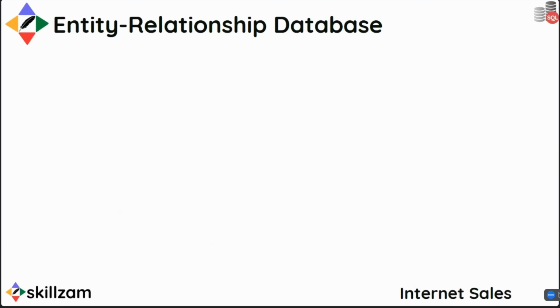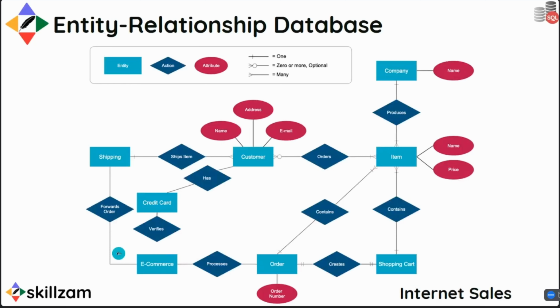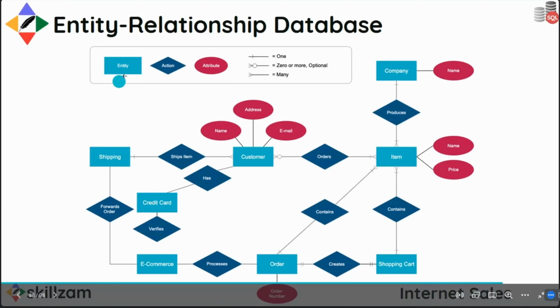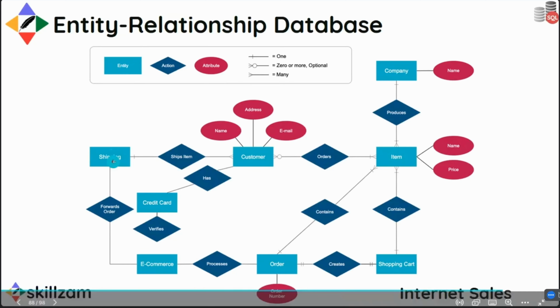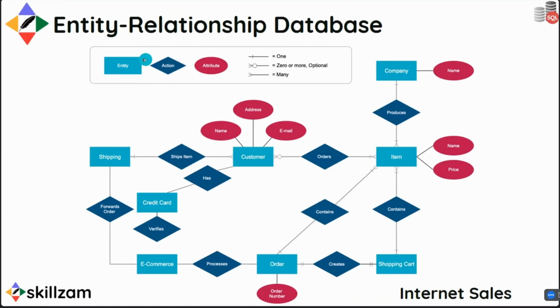Now if you observe this example, these shapes represent entities, this shape represents an action, and attributes are represented in a maroon oval shape. Suppose an entity customer contains name, address, email id. These are all the attributes of the customer.